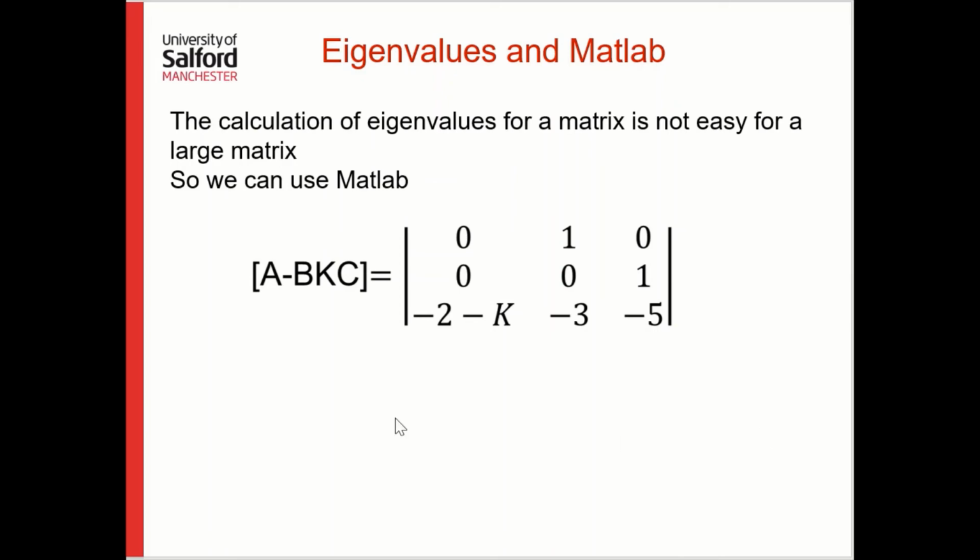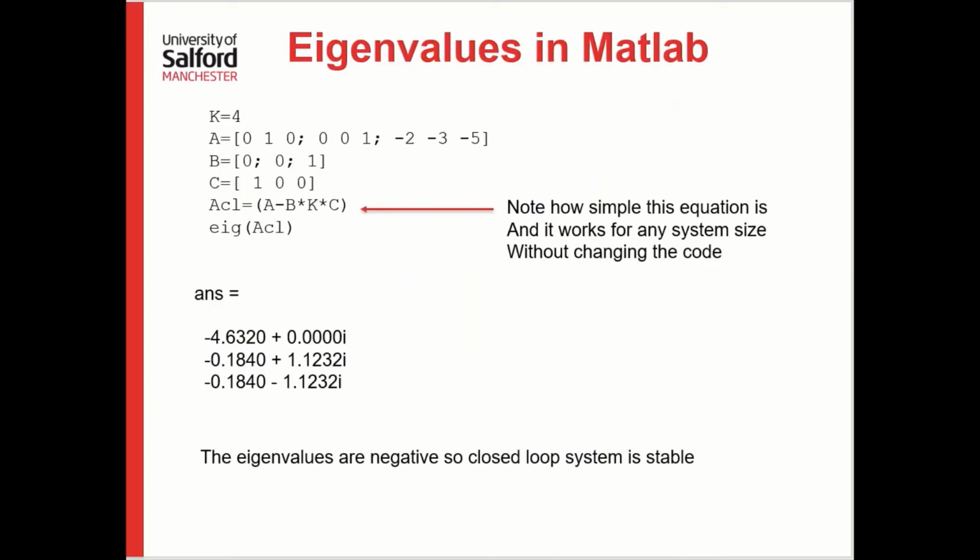So here's the actual equation, and this is a little piece of MATLAB code. It chooses a value k, here's the A, B, C, it works out A minus BKC and then works out the eigenvalues. These are the same as the closed loop poles. With k as 4, you can see it's all stable.